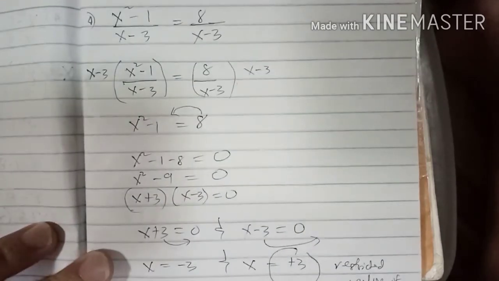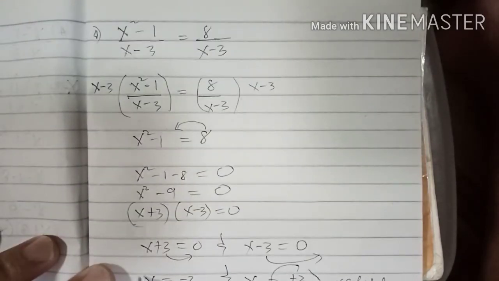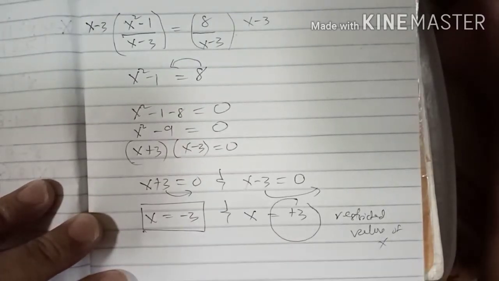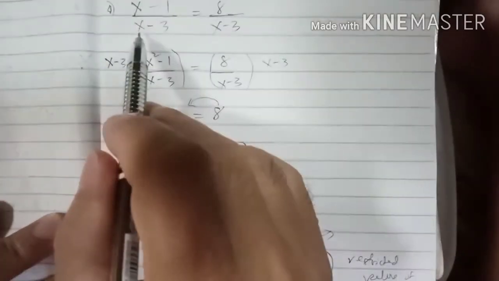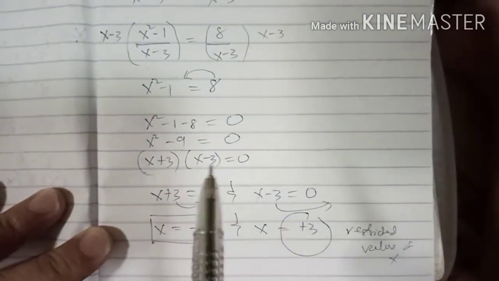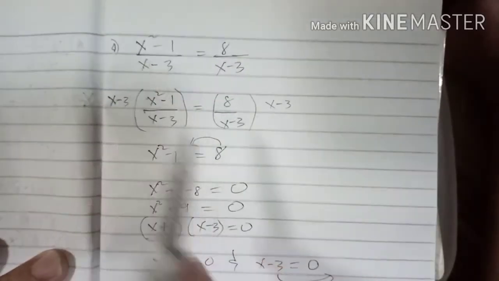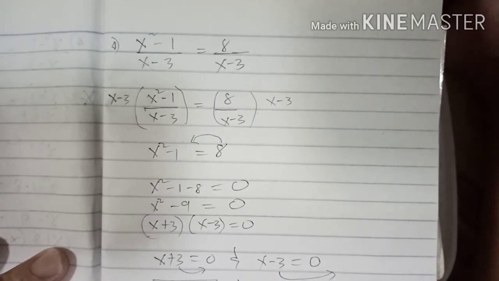So therefore, the correct value of x is negative 3. Since if this is negative 3, so this is negative 6, it doesn't make the expression undefined.